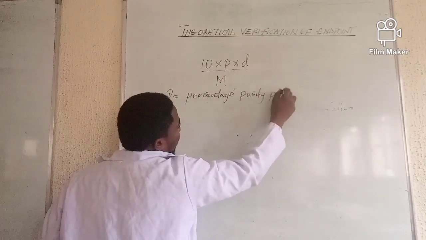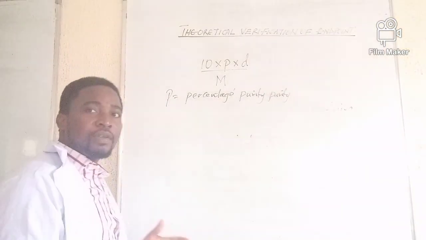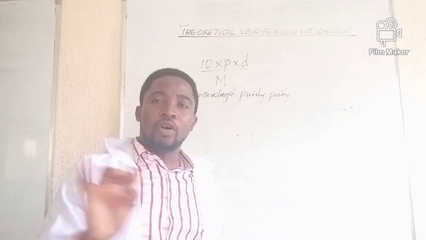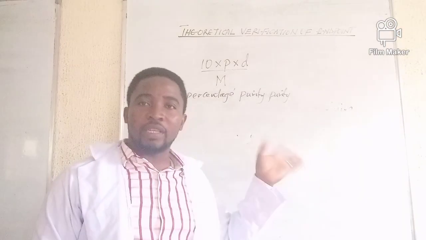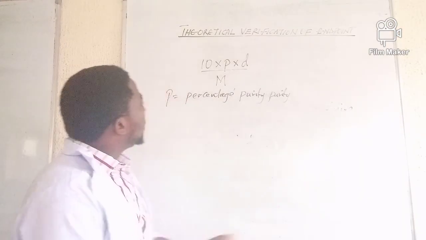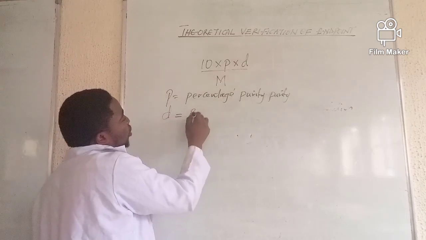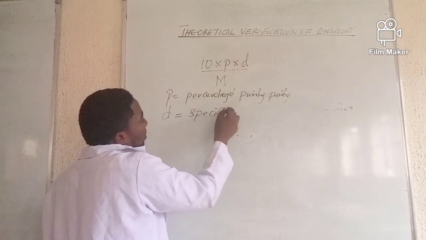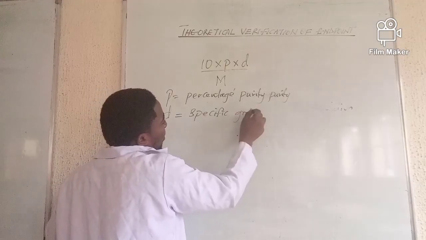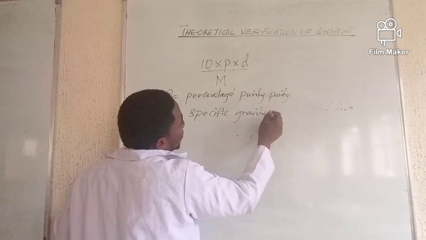Now, when you buy this stock solution, if you look at the label on the stock solution, you will see the percentage purity written there. We also have D in the formula, and D represents the specific gravity of the stock solution.